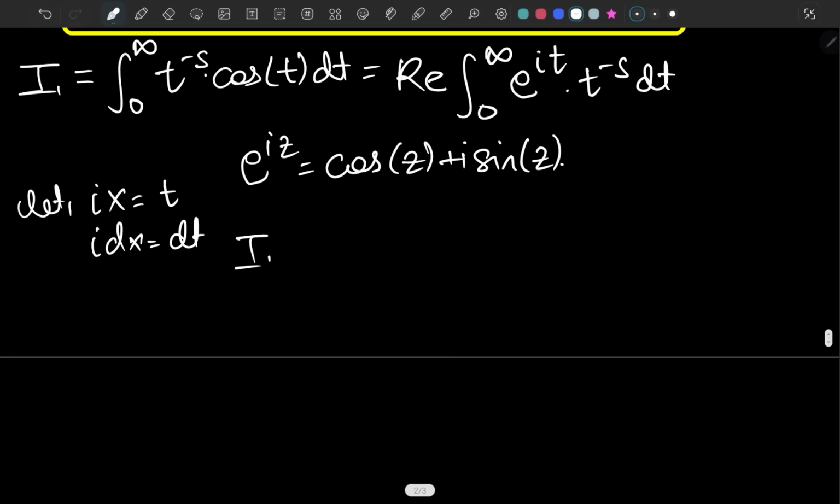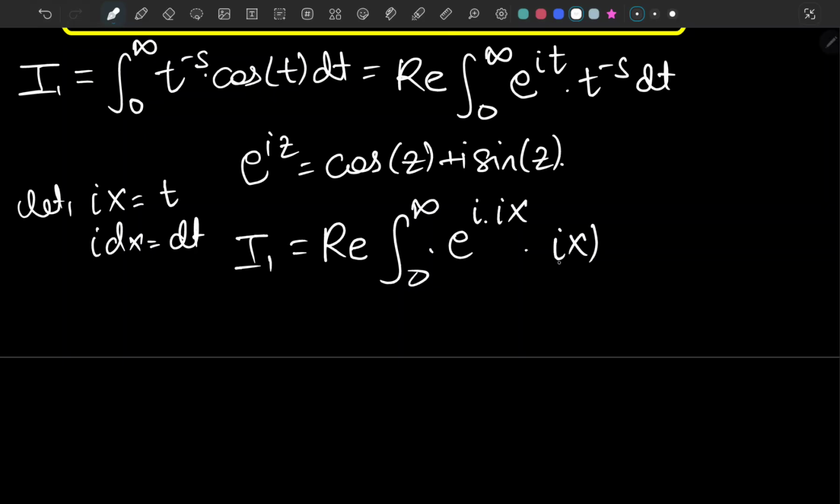So our I sub 1 is going to be the real part of integral from 0 to infinity of e to the I t, which is going to be e to the I times I x, right? And I squared is -1, so we're going to use that in the next step. And t equals I x, so I x to the minus s, wait a second, I forgot the I dx, right?